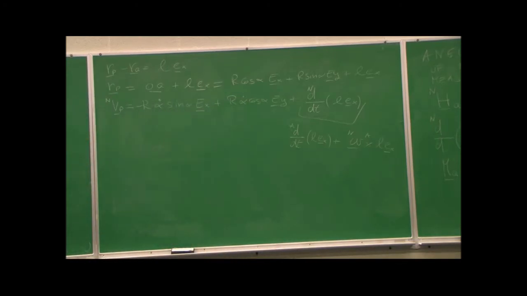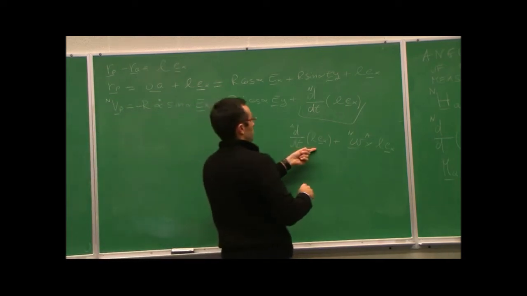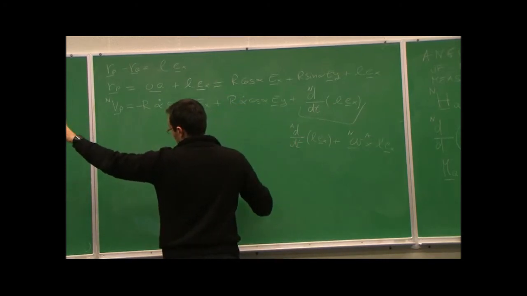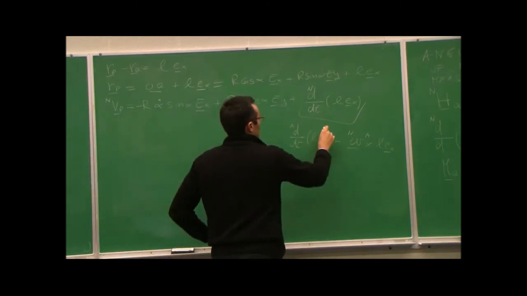As always, stop me if I go too fast or jump something that I assume is obvious, but it's not, please. Make sense? So now this is 0. This, I agree, is 0. If I am moving with the pendulum, I don't see that vector changing. So this is 0.